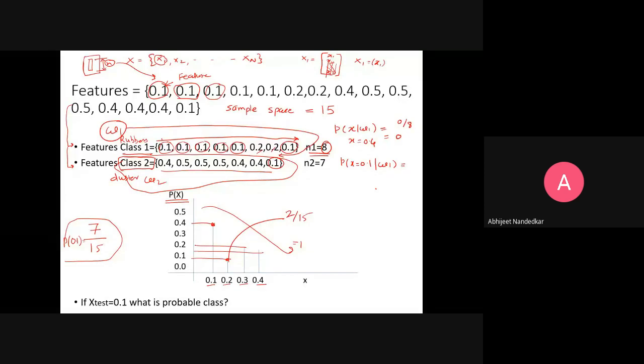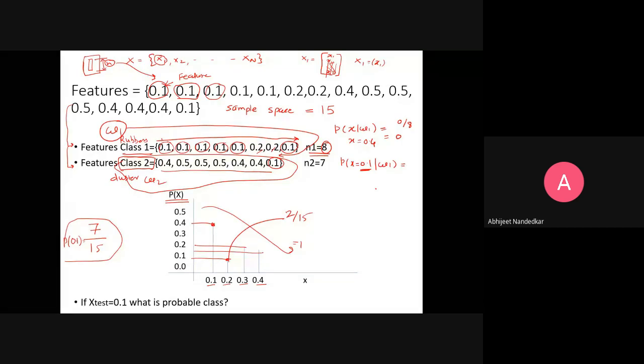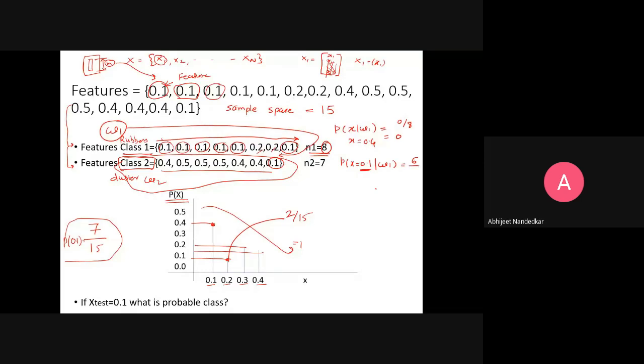Within that domain, how many times does 0.1 appear? I just count 1, 2, 3, 4, 5, 6 times. So 6 times 0.1 appears in omega 1, out of 8 samples. Now I hope you can understand what this is.